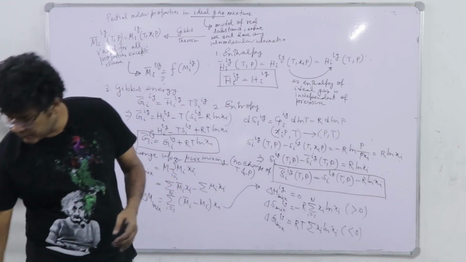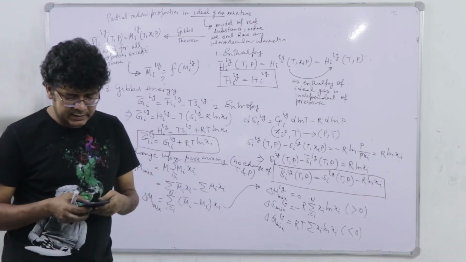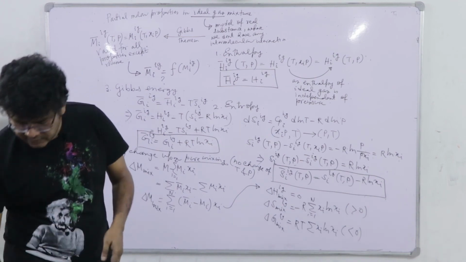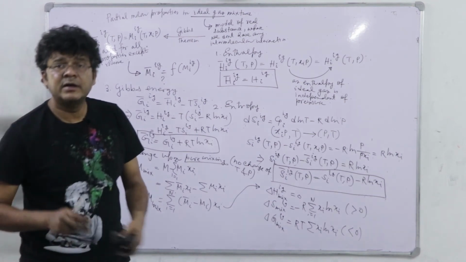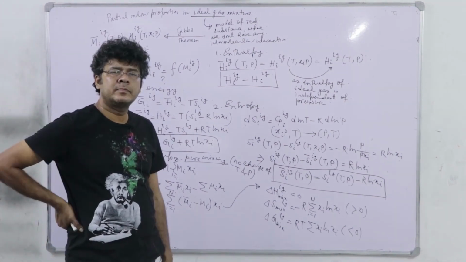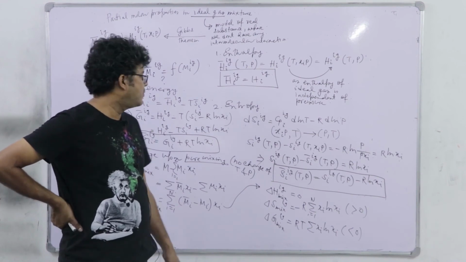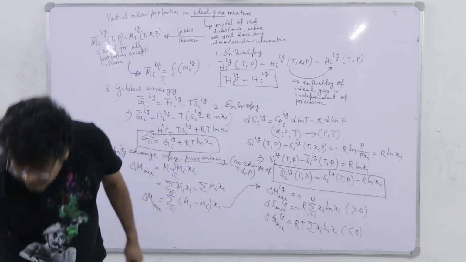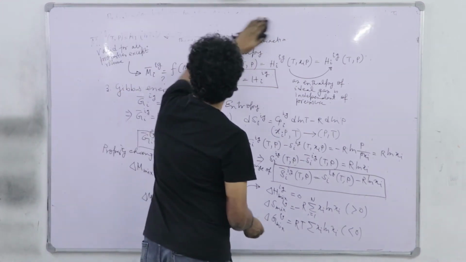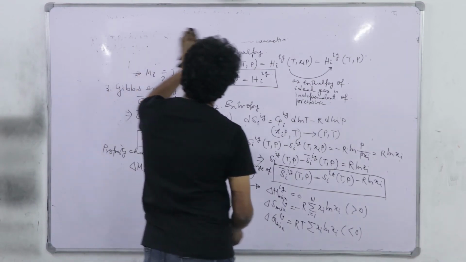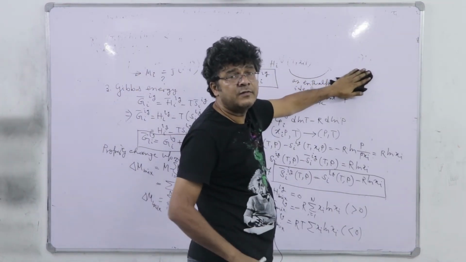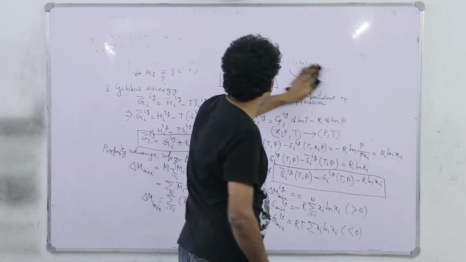Next, we will go back to the pure state for ideal gas, and try to first map how the equation is going to change for non-ideal gases.